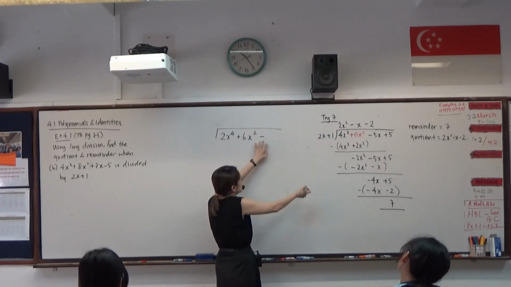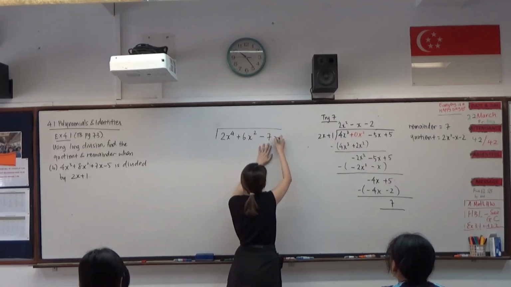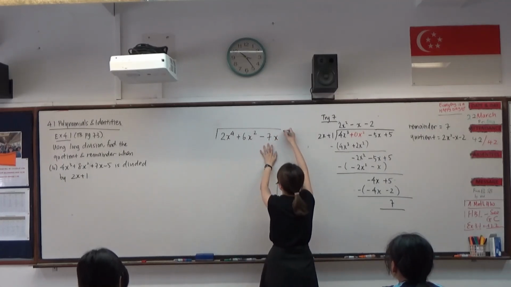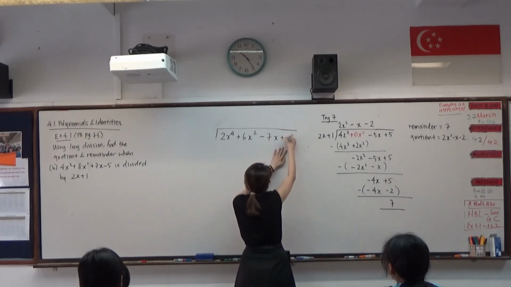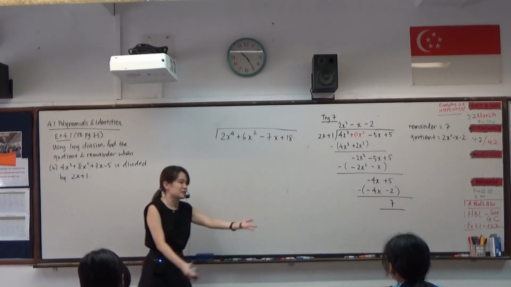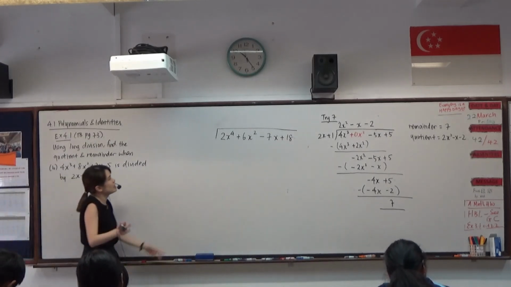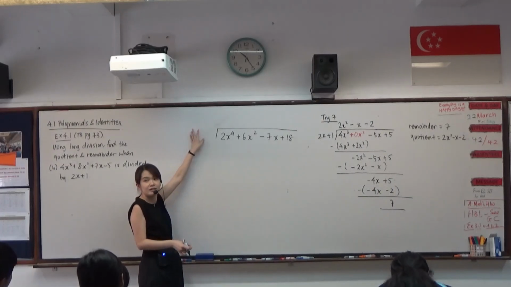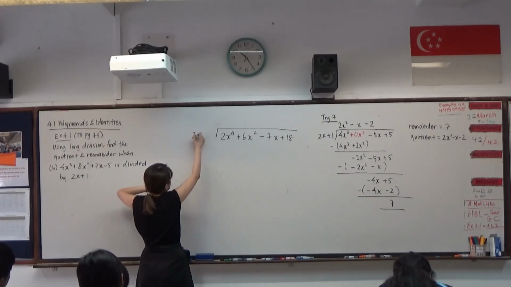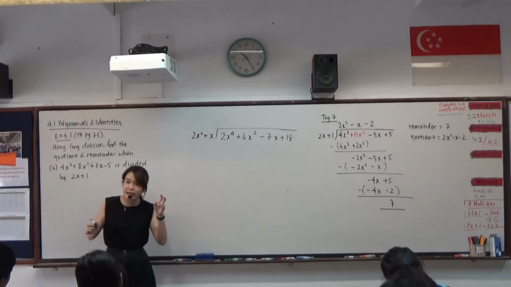Minus 7x. Okay, then any constant term? 0. Okay, plus 18. The 0 is possible, but it will not be meaningful. So Minjun wanted us to have x squared and x inside here, so maybe let's do 2x squared plus x, something like that.